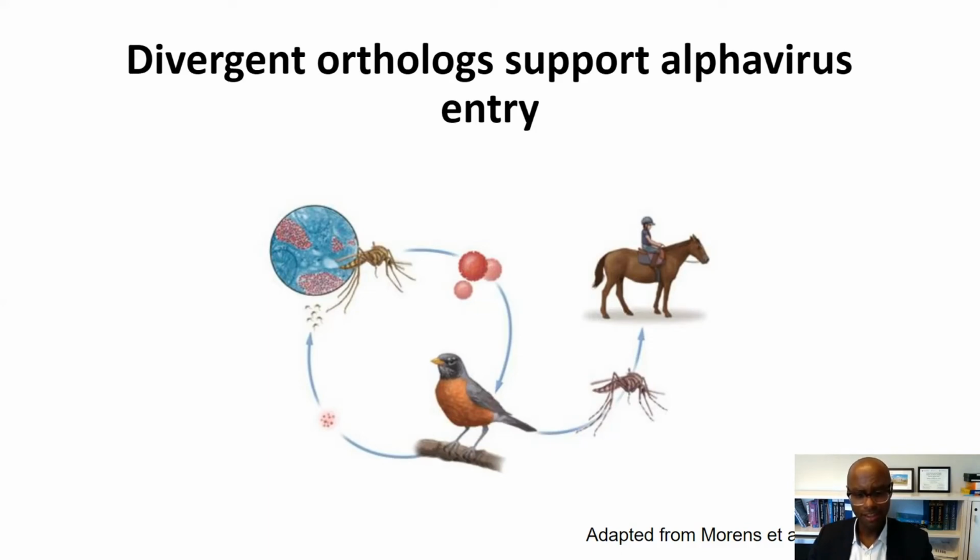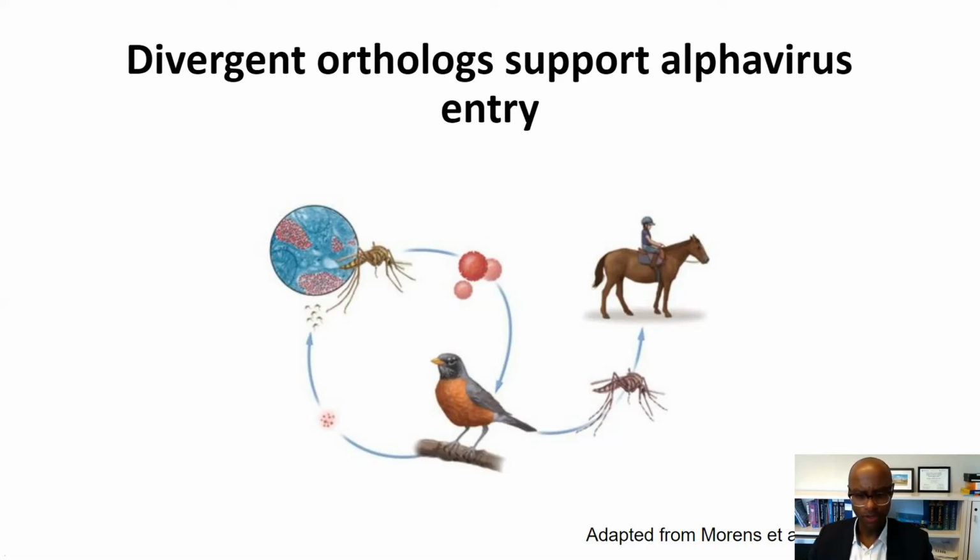So the possibility that these viruses are using a lipoprotein receptor as their main way of entering cells was quite an attractive hypothesis, because several of the proteins that are important for carrying and leading to the uptake of lipids inside the gut of a mosquito are also related to the molecules that bind lipids in the serum of birds, humans and horses. LDLR family members are quite conserved across various domains of life.